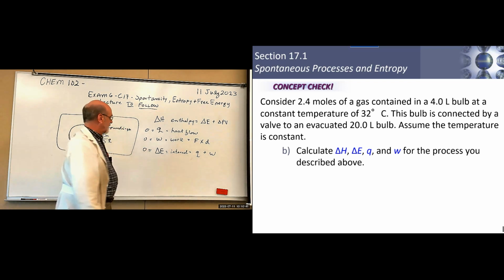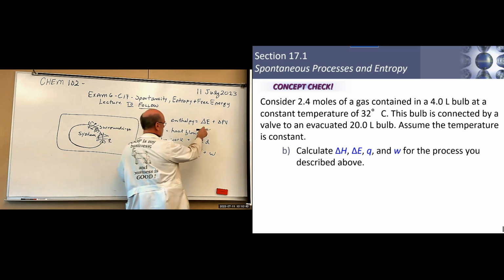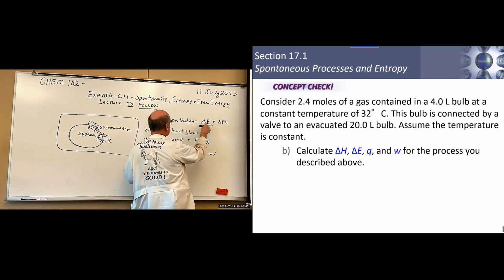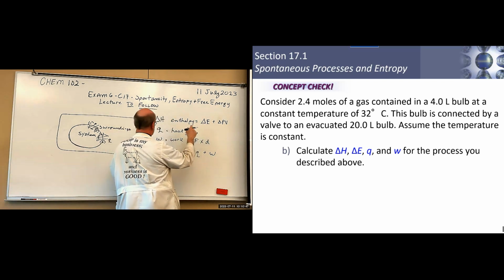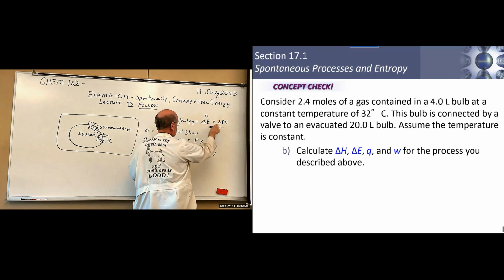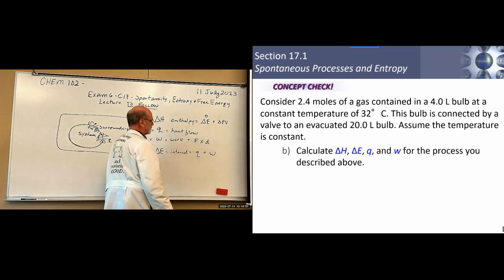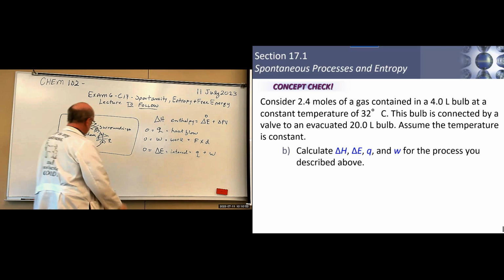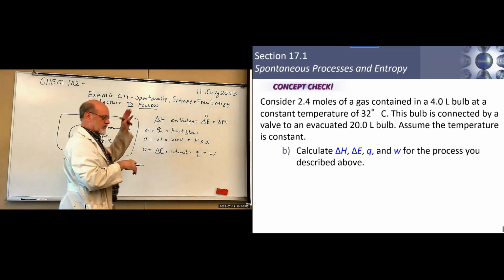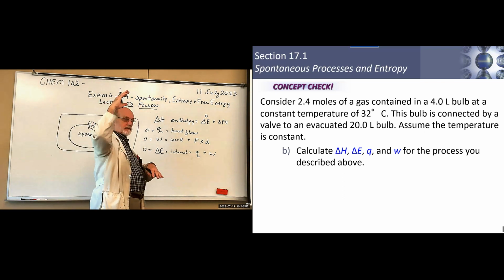Okay. And if this is zero, that would be zero. How about pressure times volume? Well, when we open the valve, of course, the pressure is going to go down, but the volume is going to go up.